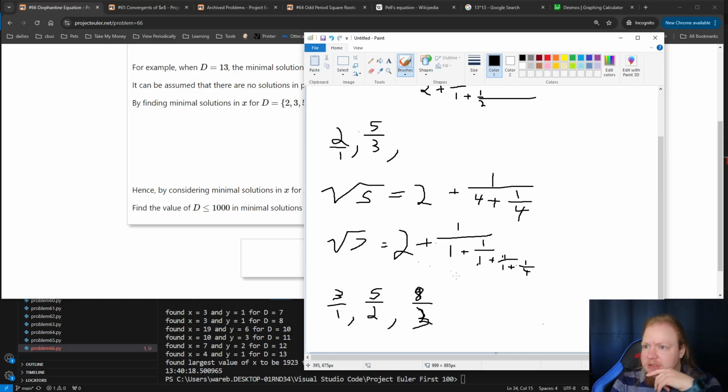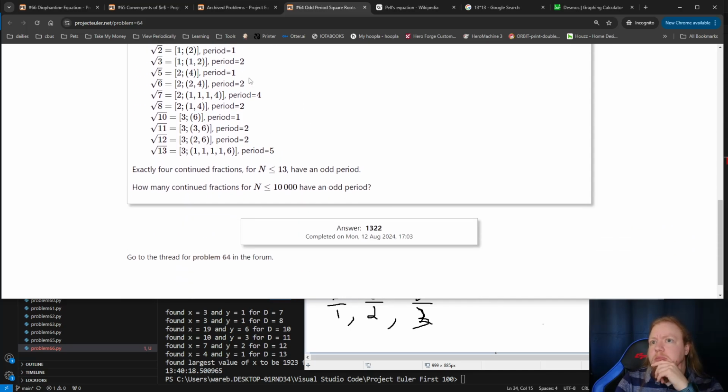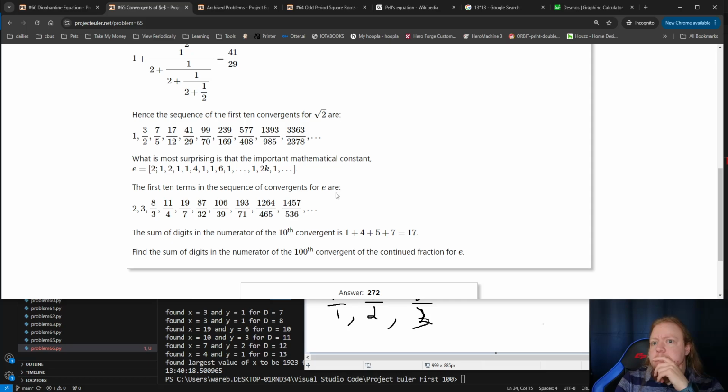Okay, so maybe starting to see this pattern. Are these all Fibonacci sequences? Sort of. Okay, so 2, and then 1 over 1, then add in a 1 over 2.